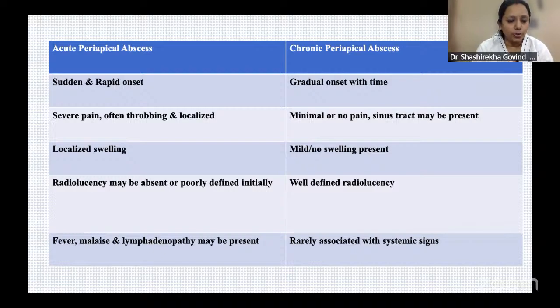In acute, you will have localized swelling, whereas here mild to no swelling. In acute, radiolucency may be absent or poorly defined initially, but in chronic, you will have well-defined radiolucency. Acute is usually associated with fever, malaise, and lymphadenopathy, whereas here you will rarely have systemic signs.